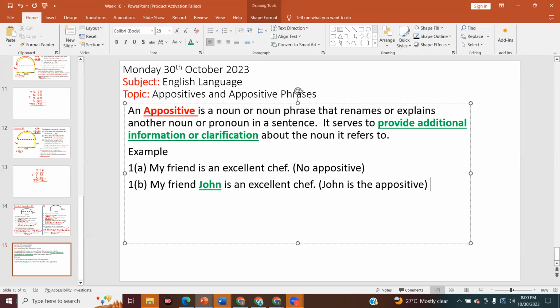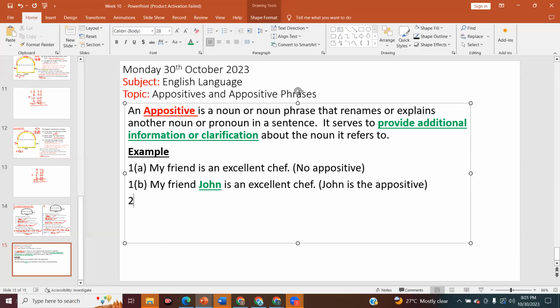Very good. So that's a good example of an appositive, right? The appositive gives us more information or clarification about the friend, because many of you, I'm sure, have more than one friend. So if you say, oh, my friend is an excellent chef, we'll be like, yeah, your friend. Which friend though? Which one are you talking about, right? So appositives help us provide more information about the noun or the pronoun that we're talking about.